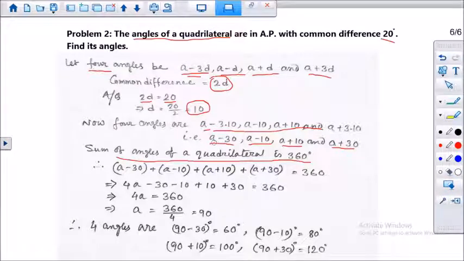That means the sum of the 4 angles is equal to 360. After solving this equation, we will get the value of a is 90. So now we have to put the value of a in these expressions. So you will get the 4 angles. The 4 angles will be 60 degrees, 80 degrees, 100 degrees and 120 degrees.